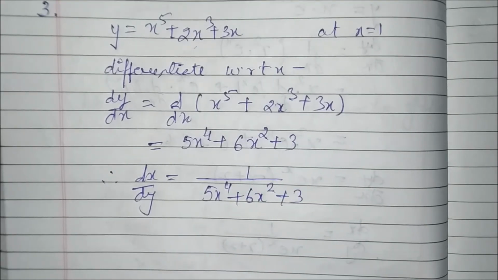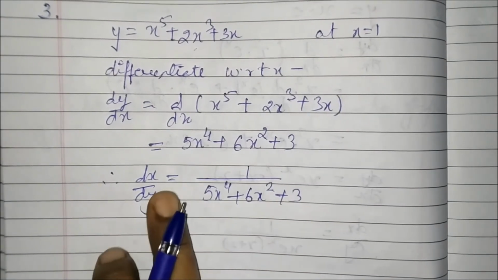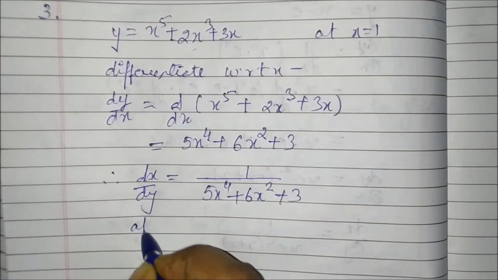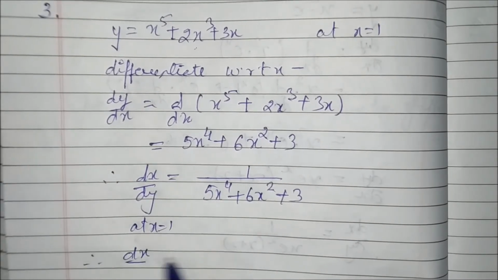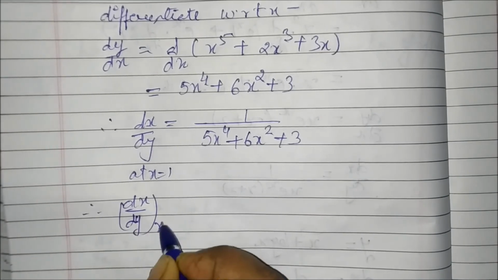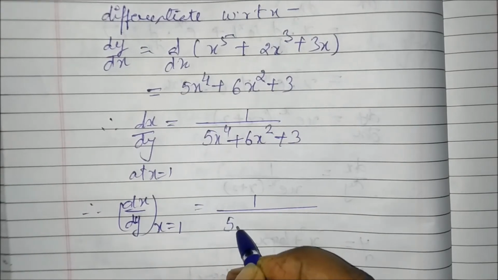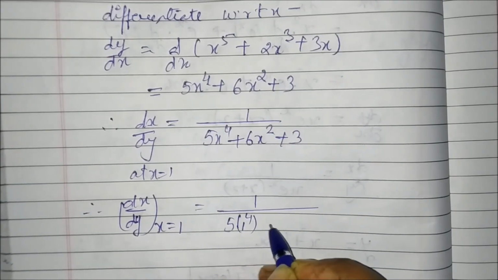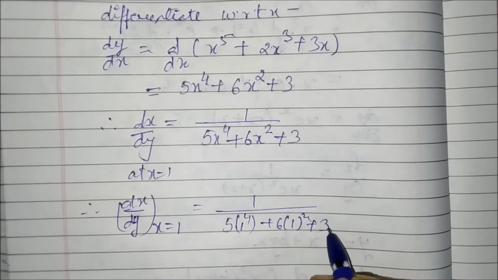Now we have to find the value of this dx upon dy at x equals 1. So we have dx upon dy at x equals 1 by 5 into 1 raised to 4 plus 6 into 1 square plus 3.